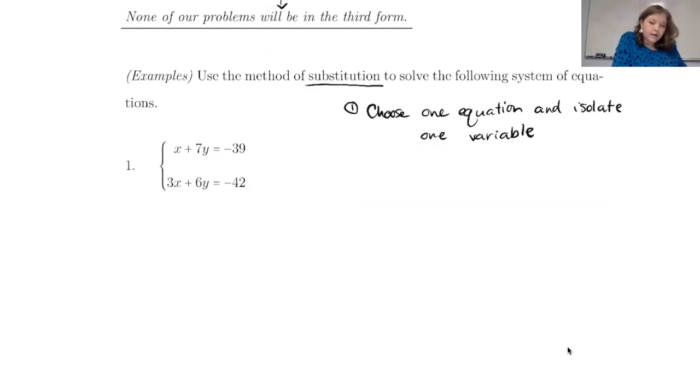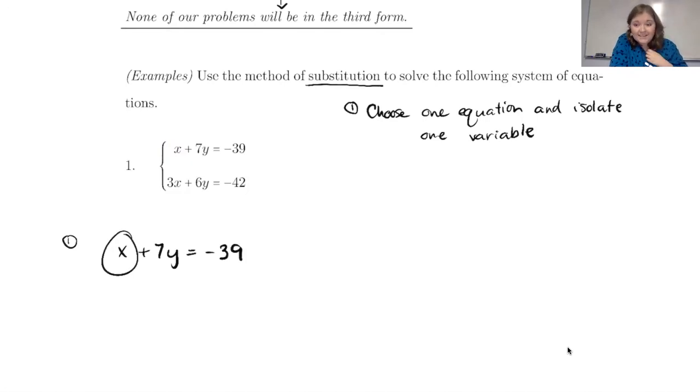The easiest one to isolate would be this x in the first equation because it doesn't have a coefficient other than 1. So that's the one I'm going to choose in step 1. I'm going to take x plus 7y equals -39. So I'm choosing the first equation and I'm choosing to isolate the x.